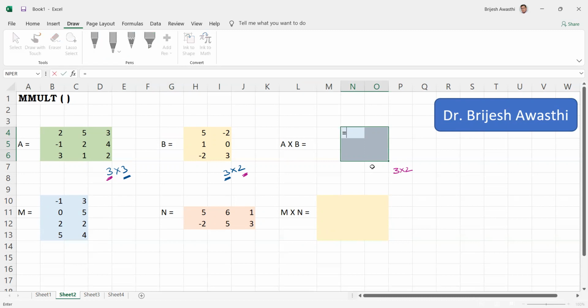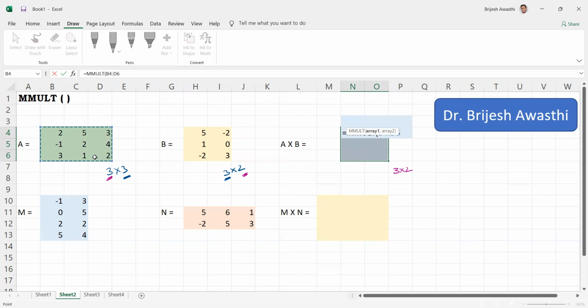Then I will press equals to and type MMULT. MMULT means the matrix multiplication function. The first argument required is array 1, so I will select array 1.